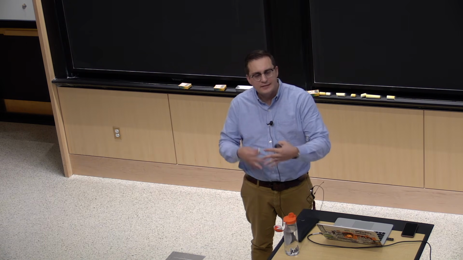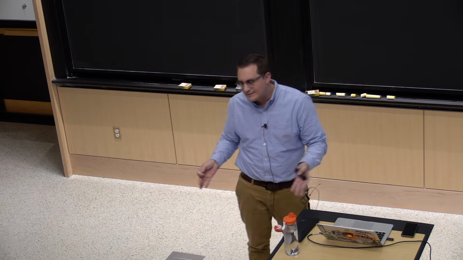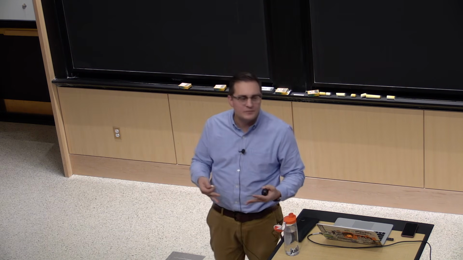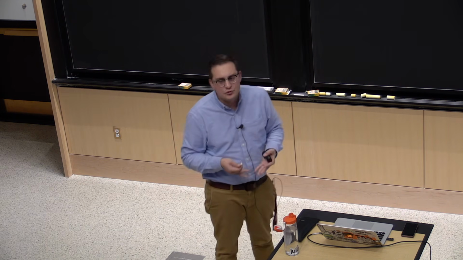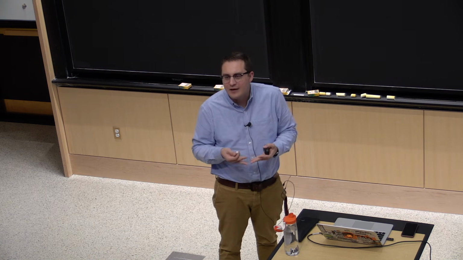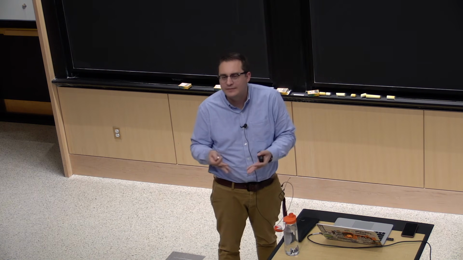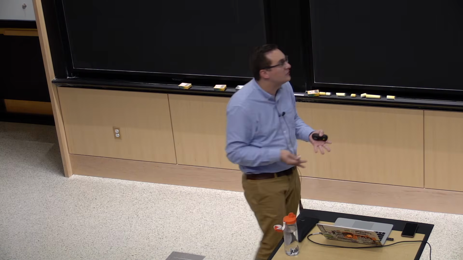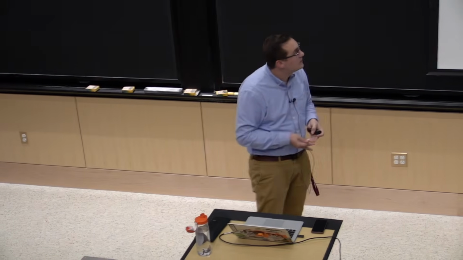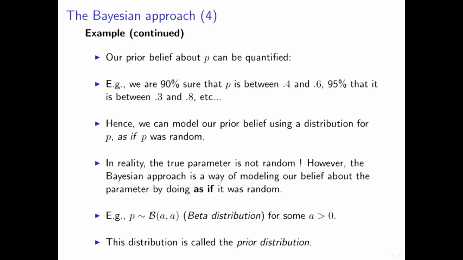But this idea that the parameter comes from some random distribution actually captures very well how you would encompass your prior, right? How would you say my belief is as follows? Well, here's an example about P. I'm 90% sure that P is between 0.4 and 0.6. And I'm 95% sure that P is between 0.3 and 0.8.